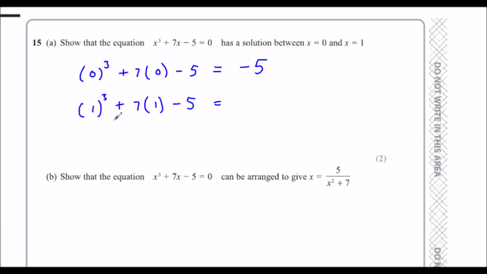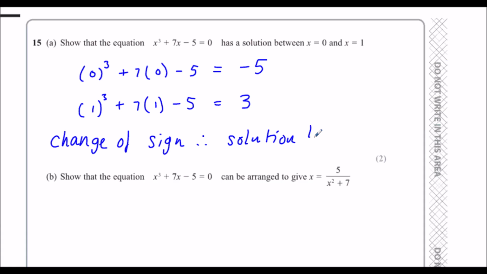If we substitute in 1, we get 3. So we've got a change of sign. We had a negative to a positive. So change of sign. Therefore, solution between 0 and 1.